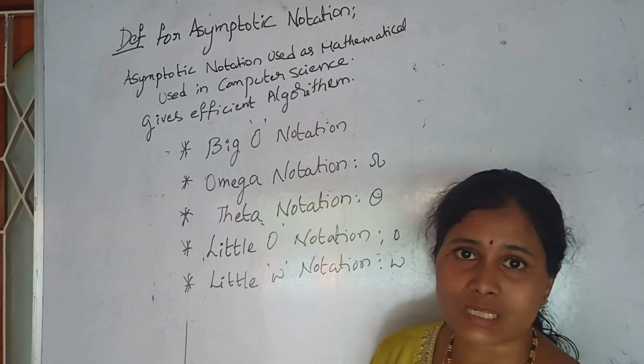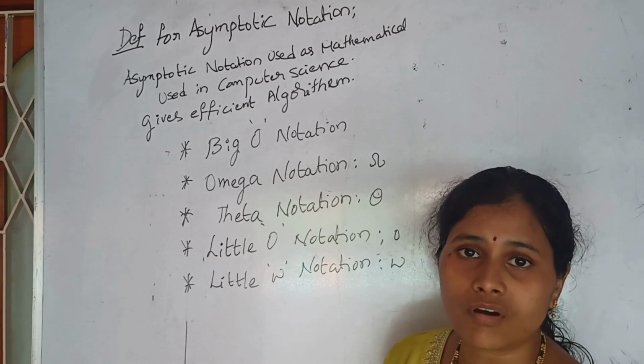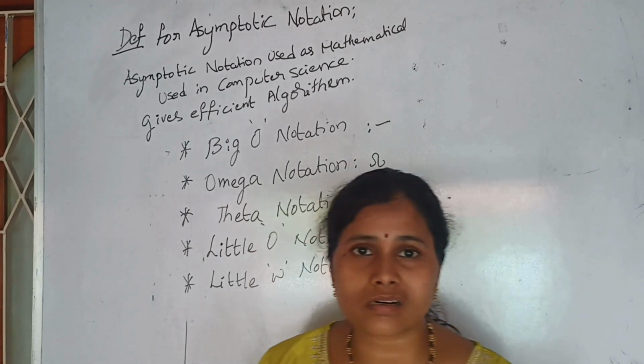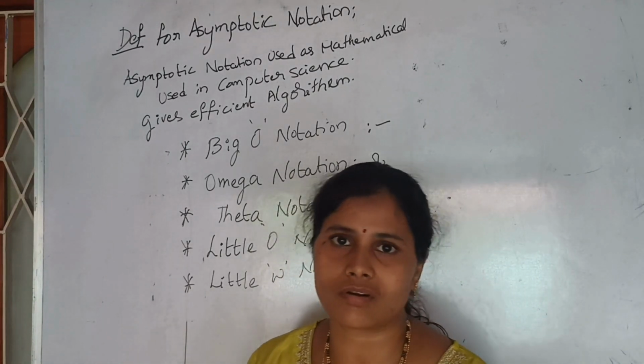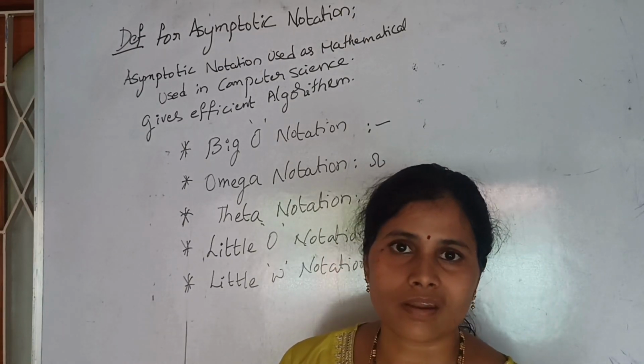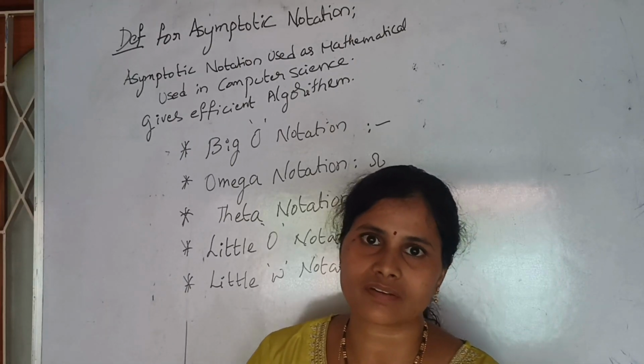Now I am going to explain a detailed description of big O notation. Big O notation is the most commonly used notation, and in big O notation we use worst case time complexity.